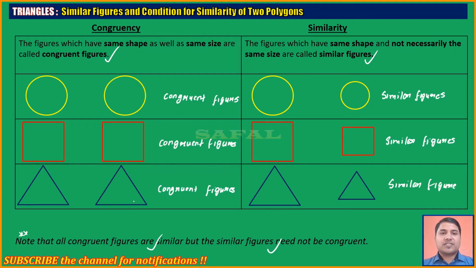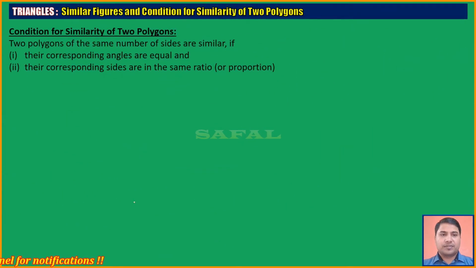So after understanding congruency and similarity, let's look at the conditions for two polygons to be similar. If two polygons are given to us and we need to check mathematically whether they are similar or not, we need to check whether corresponding angles are equal or not. That is the first question.